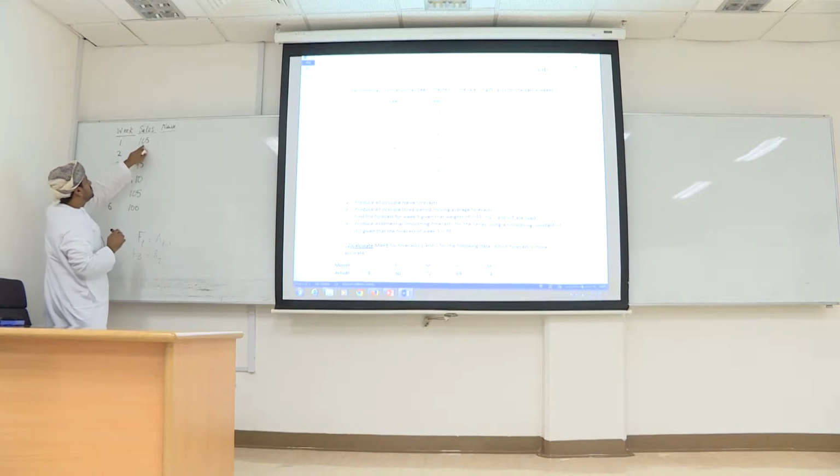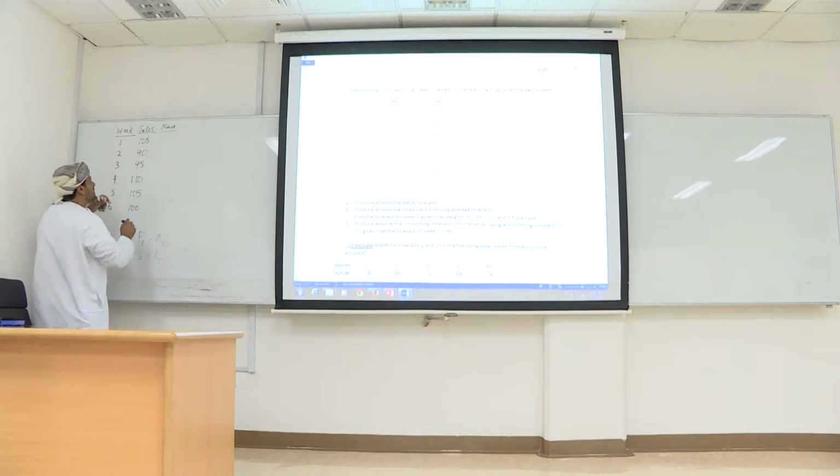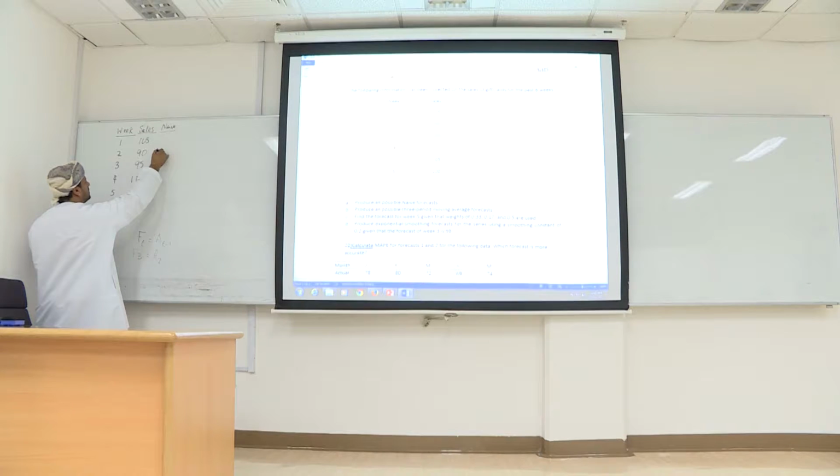As you can see, it is not possible to find the forecast for the first period, because you would need the actual of the previous one, and we don't have it. So the first forecast that we can find is for period 2. F2 is equal to 105, and then for the next ones, the previous actuals: 90, 95, 110, 105.